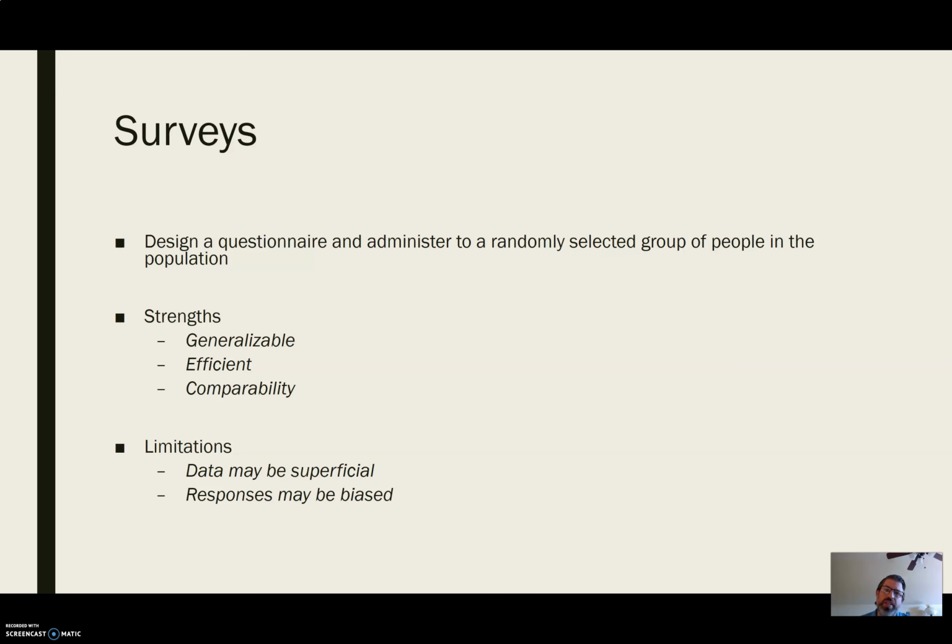Perhaps an individual doesn't do a good job at estimating what their annual earnings are, for example. Or they may perhaps, in some cases, be embarrassed to divulge their low earnings, and so they inflate them a little bit. So you may end up getting biased responses, I should say.